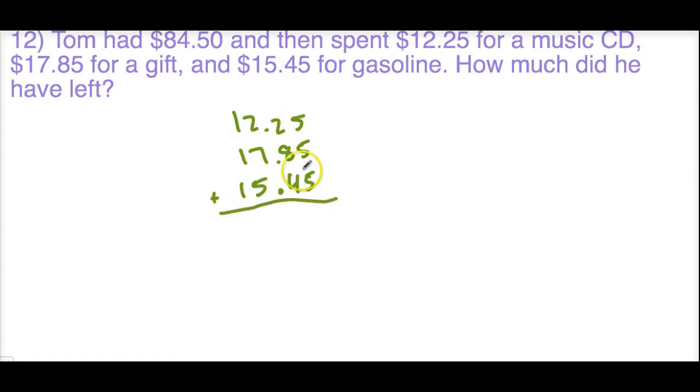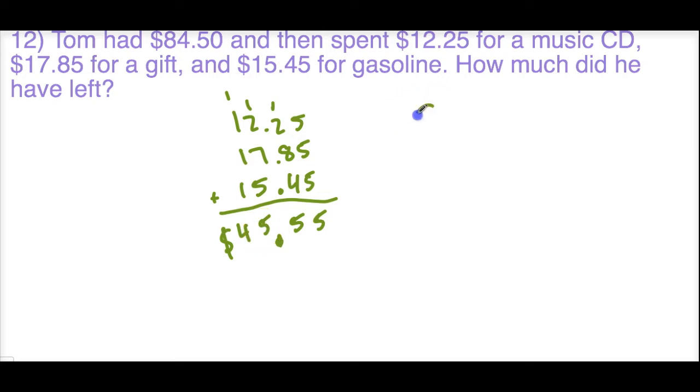And when I do this, 5, 10, 15, 8, 9, 10, 11, 12, 13, 14, 15, 7, 8, 9, 10, and 5 is 15, and that's 45. And I'm going to bring down my decimal and we're adding. So far it appears that he has spent $45.55 if my math is correct.